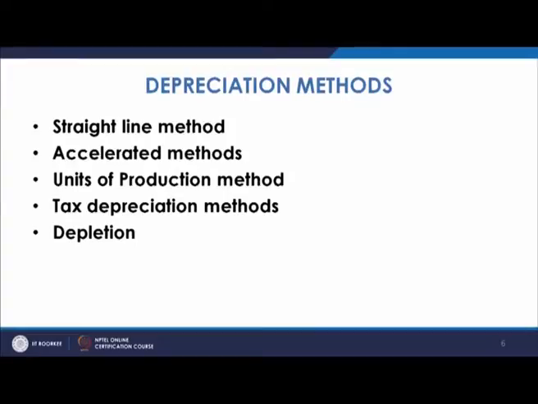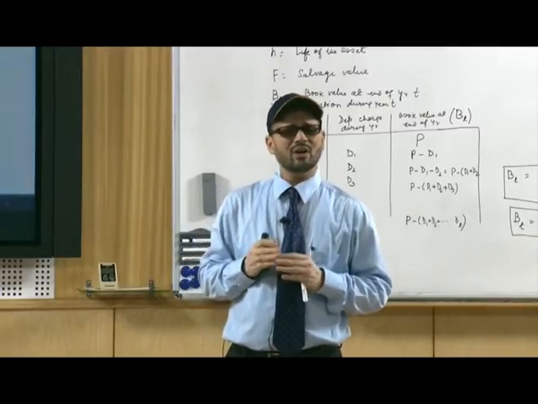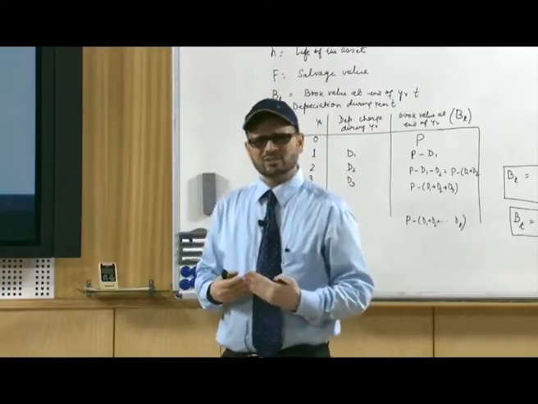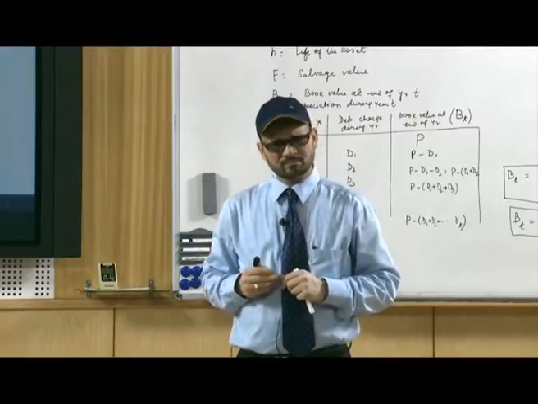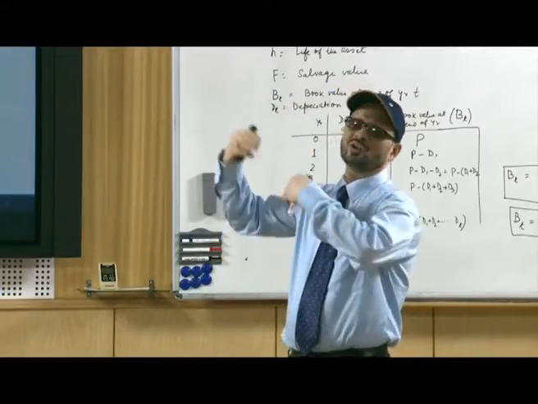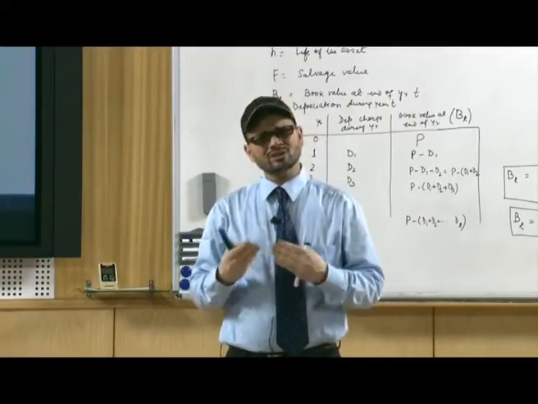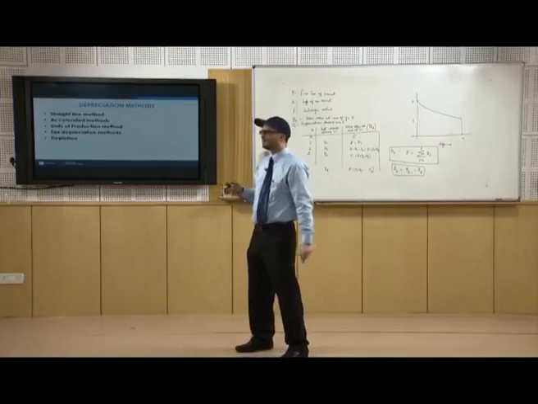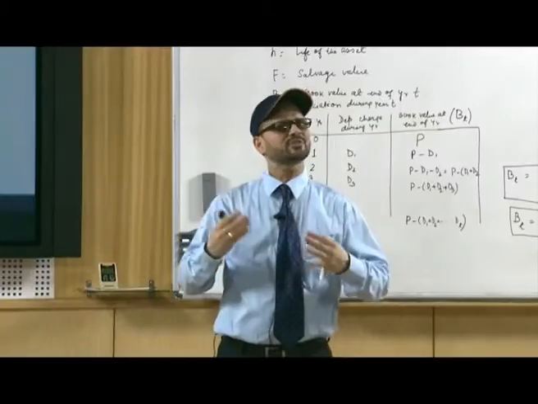Then we have to discuss depletion. Depletion is the depreciation of natural assets, because sometimes we deal with assets used for mining industries, where you do not know the quantity of the mineral deposit. In those cases, the depreciation methods are known as depletion methods, in which there are two methods, the cost method and the percentage method.